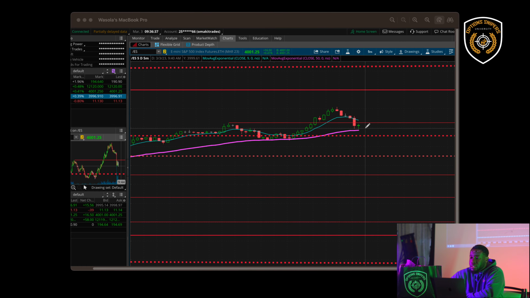And I wouldn't necessarily look at every time we touch this purple line, what keeps happening? We keep popping back up. We haven't yet seen anything below 39.99, have we? I don't think we have.